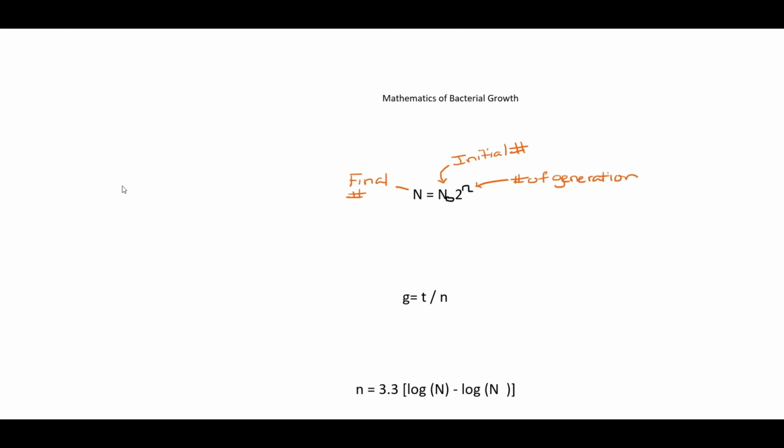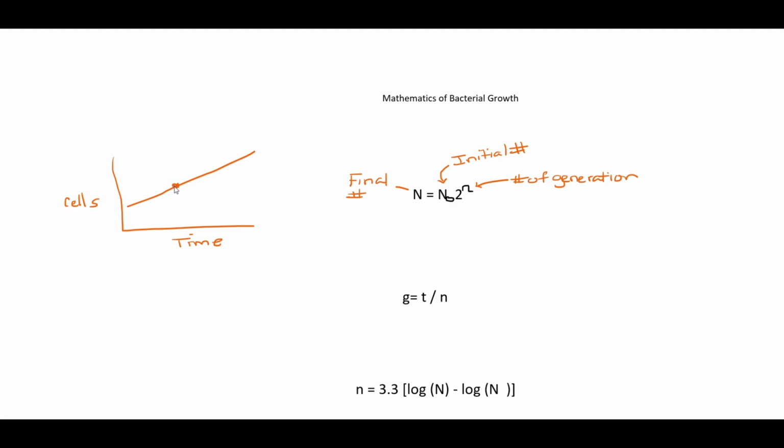So you'll be provided, probably if you're on your exam, a chart where you have the number of cells and here you'll have time, and you'll have a line, and you have 2 points.